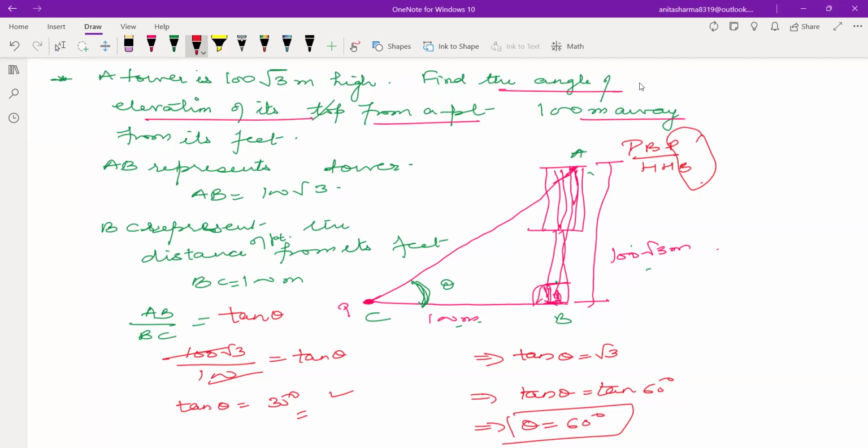So you will write theta is equal to tan inverse 35 degree. Clear? Because this tan will go in the denominator, but tan should be a function of any angle. We can't leave it alone. So you will write tan inverse 35. Clear, beta? So may I proceed to the next? Yes, ma'am.